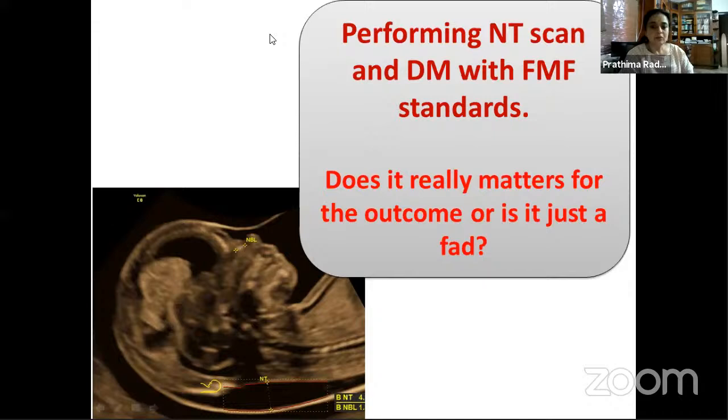So first of all, as an obstetrician, you need to decide what it is that you want to do for your patients. You want to give them good outcomes or optimize their outcomes. We cannot always be perfect, but optimize their outcomes. And if you have to go with optimization of outcomes, then you have to go through optimization of your scan and optimization of the blood test, because one without the other will spell a disaster, right?